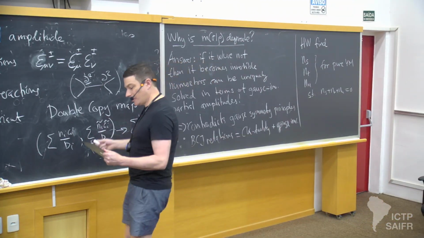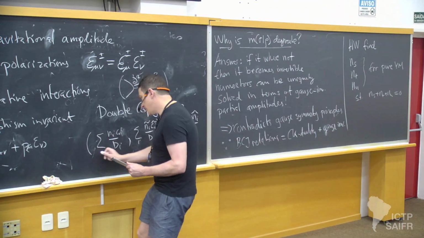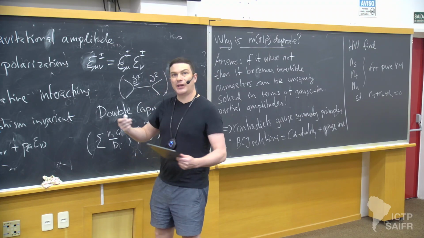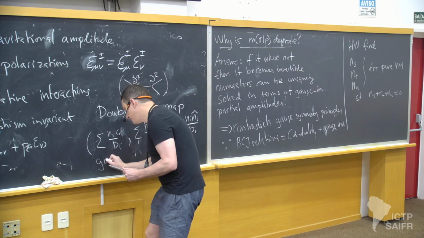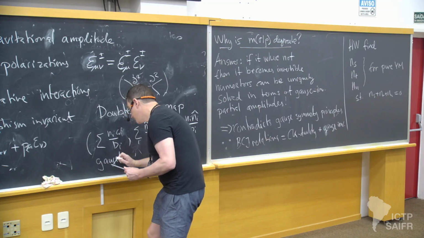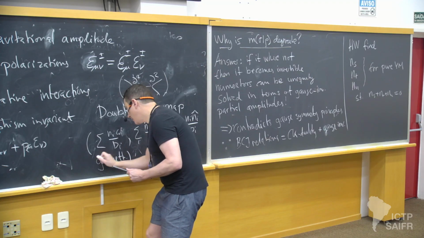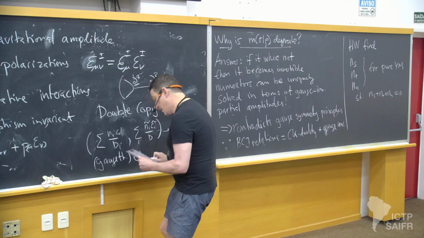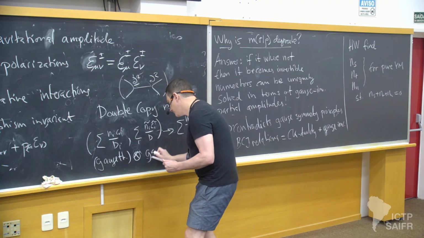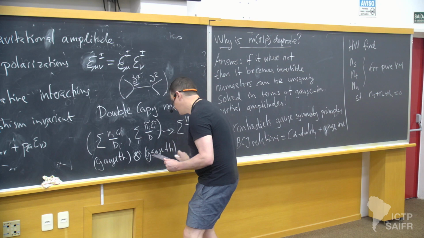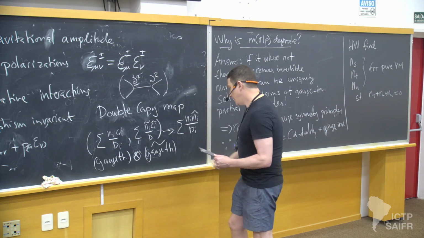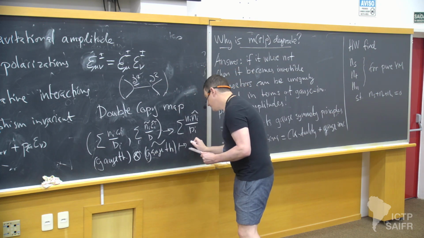We do it more generally, and we talk about not just amplitudes, but about the theories themselves. So we talk about a gauge theory times a gauge theory, right? And this gives a gravity theory.